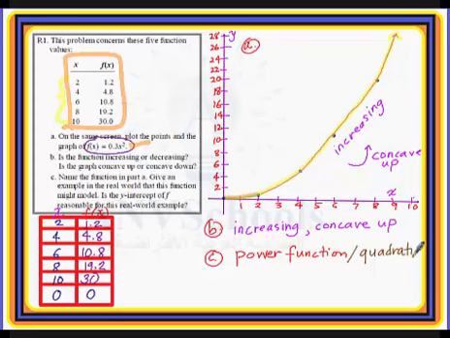Why quadratic? Because you can see that the exponent is 2. Okay? So with this given interval only, from 0 to 10, or from 2 to 10 in this case, the function is increasing and concave up.